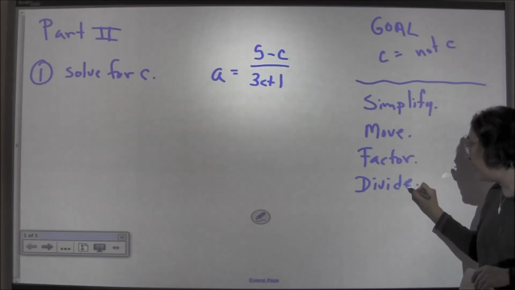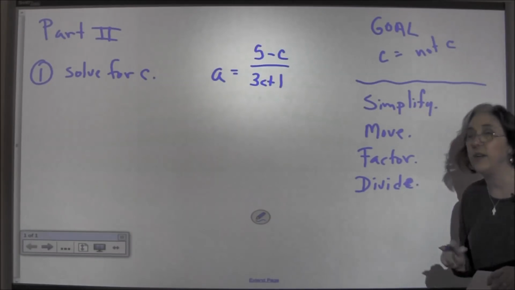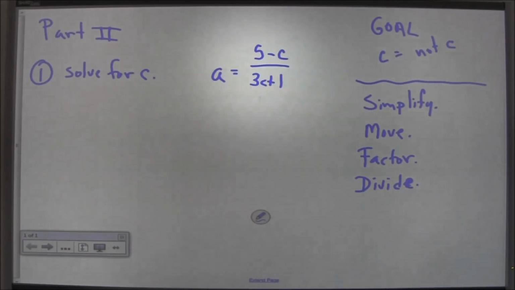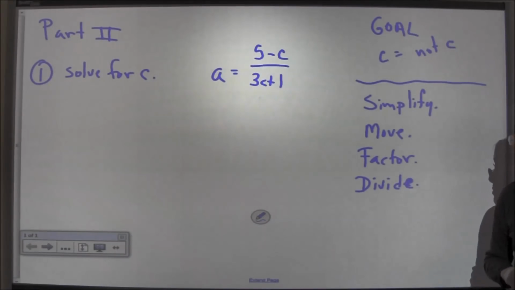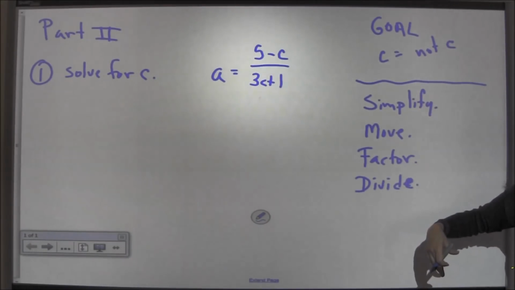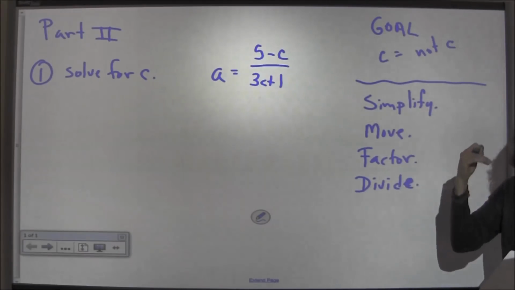Sometimes people try to divide too quickly. This particular problem requires that we do all 4 of those. But back in the homework, you did have problems where you didn't necessarily have to do all of those. Okay, but you should sort of think through them all.